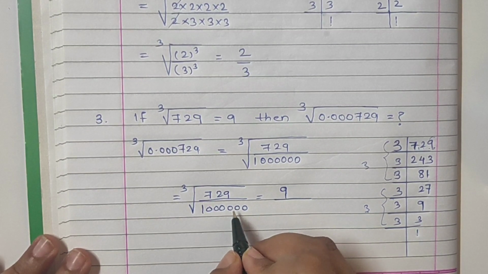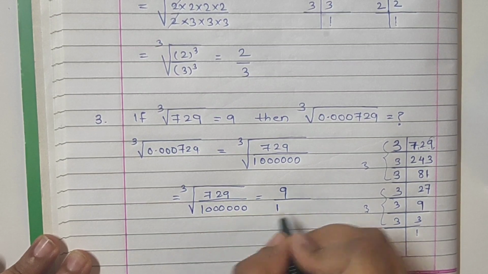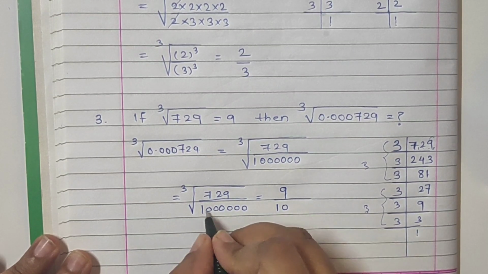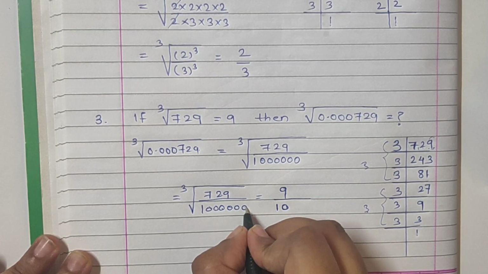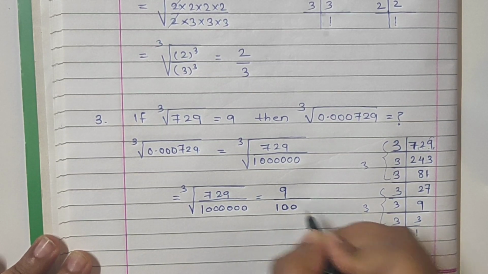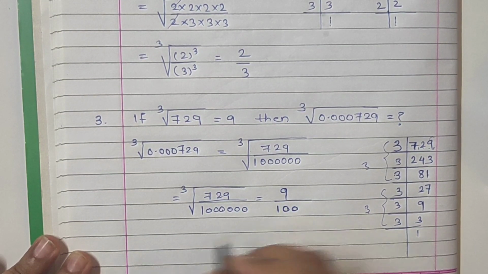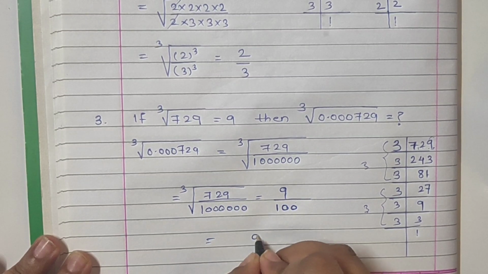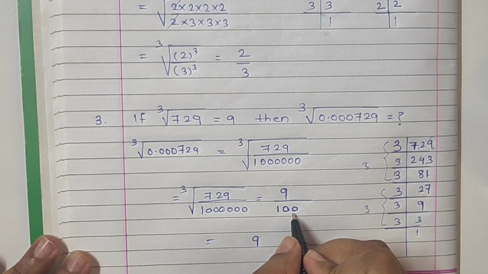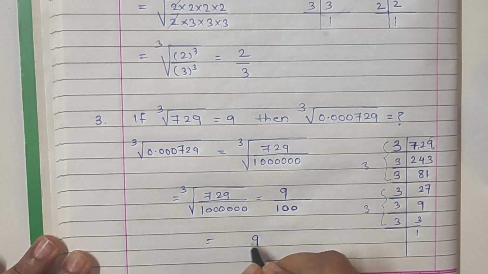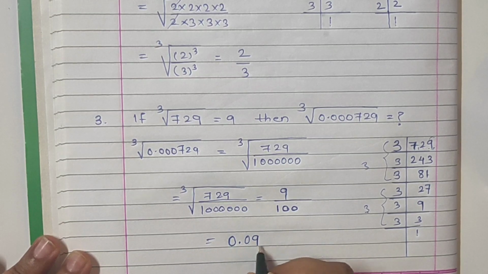Now here we will take 3 0s. Instead of 3 0s we will write 10. Instead of these 3 we will write 1. Instead of these 3 we will write 10. Now to cancel this we will take the decimal point after two decimal places. 9 0 point, so 0.09 is the answer.